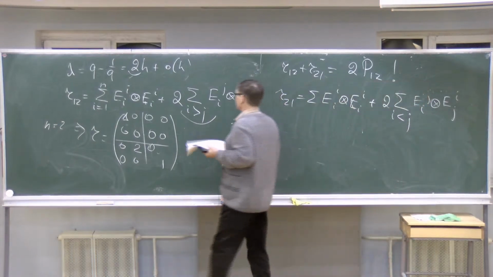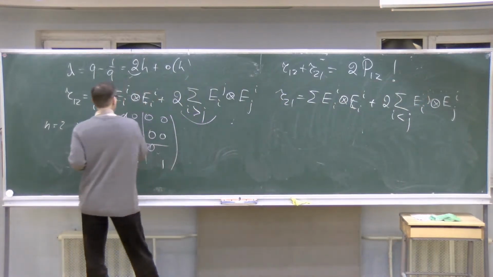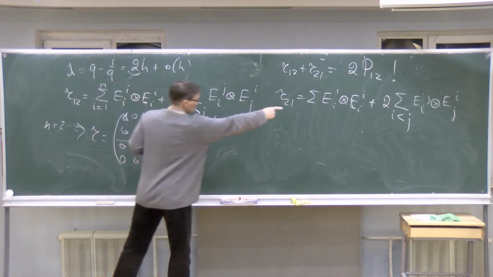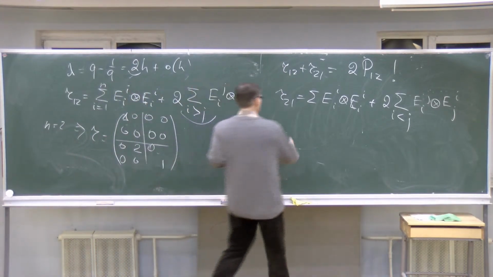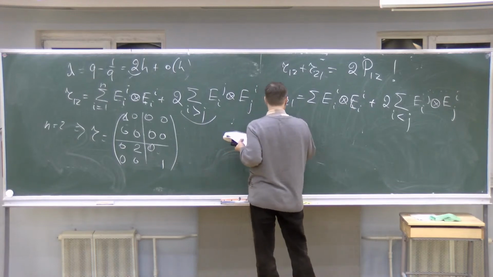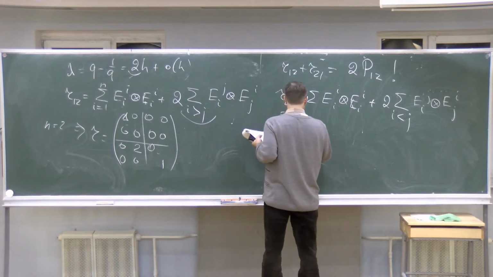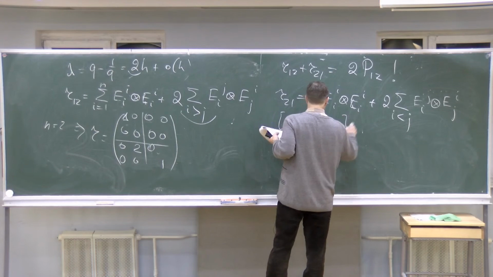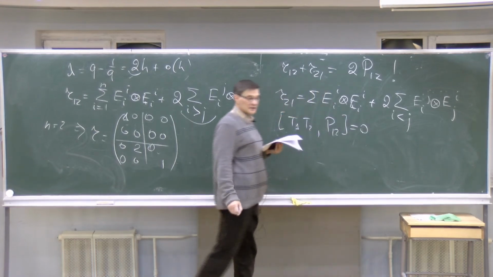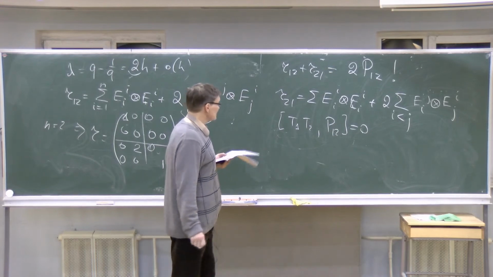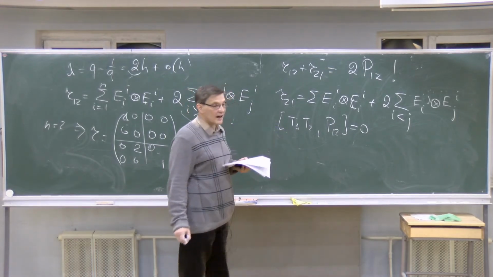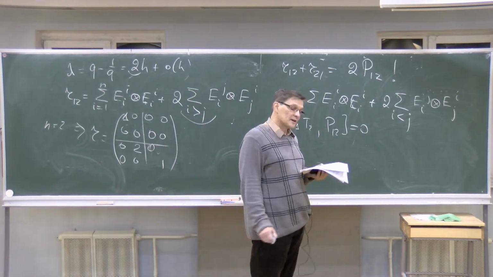And when I add this expression with that one, I'll get just a permutation operator. So this condition is evidently zero, and such a matrix will guarantee me the antisymmetry of the Poisson bracket.